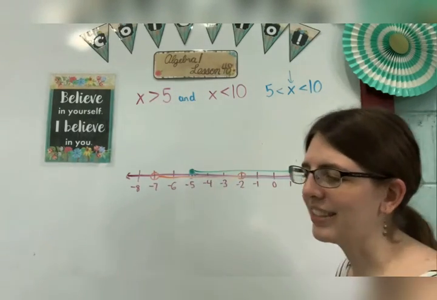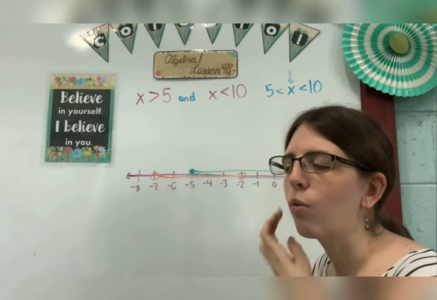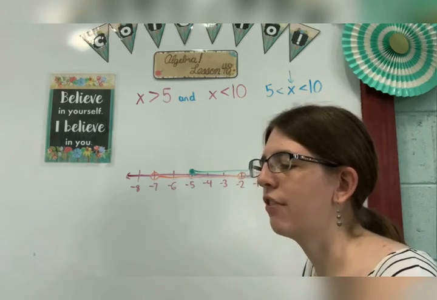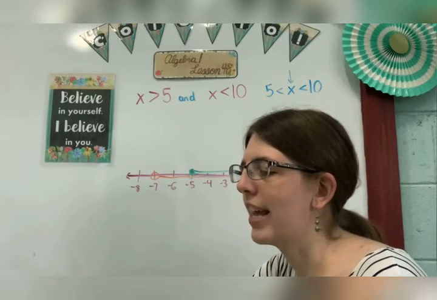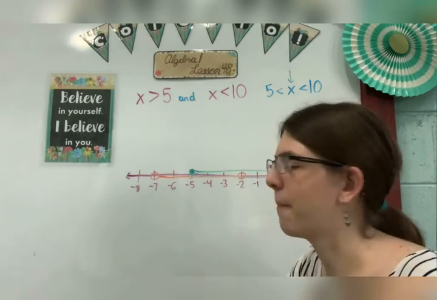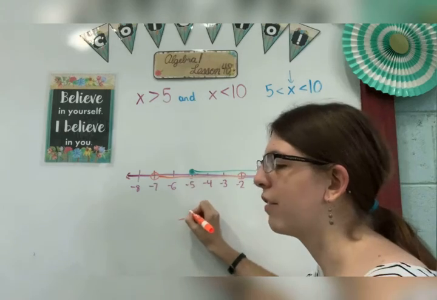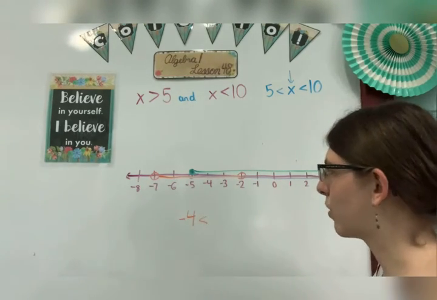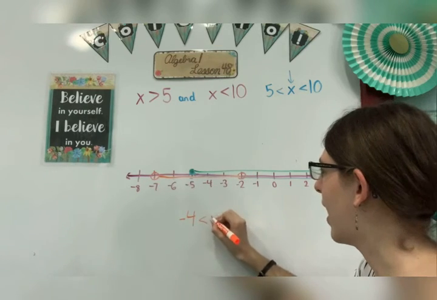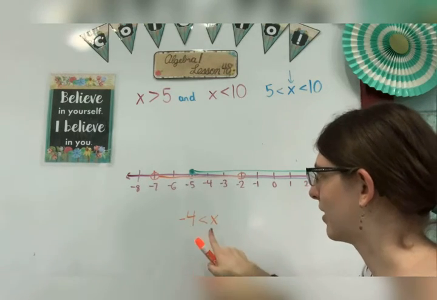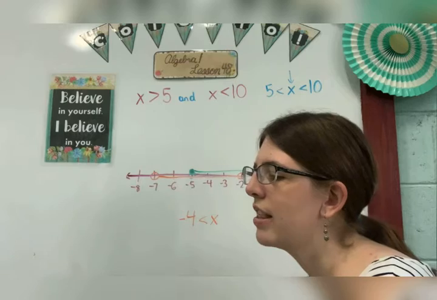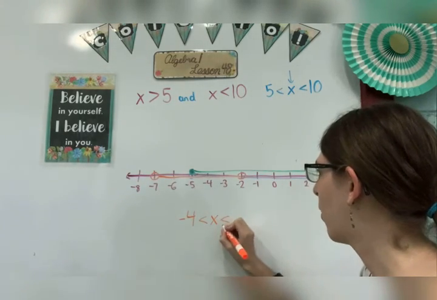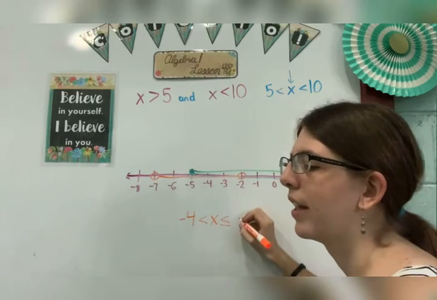All right, and lastly, it says in letter D, write the conjunction that describes the numbers that are greater than -4 and that are also less than or equal to 10. So for -4, it's the numbers that are greater than. So the small end has to go towards the -4 and bigger end towards the x because they're greater than -4. Then the x is going to be less than or equal to 10.